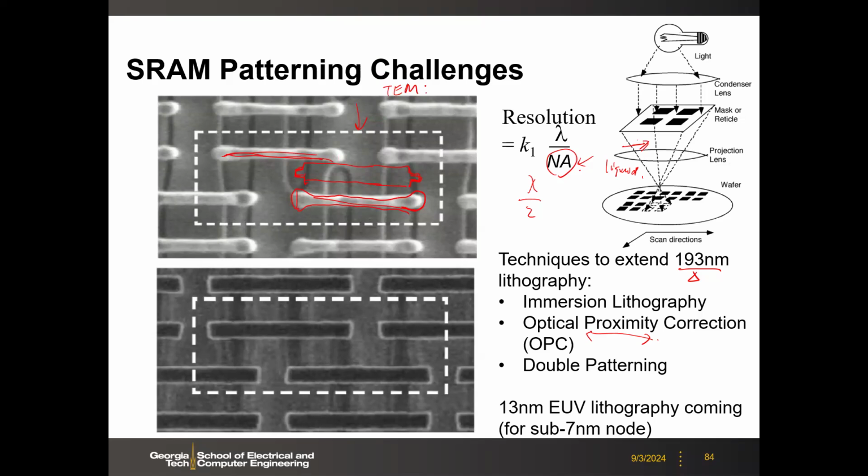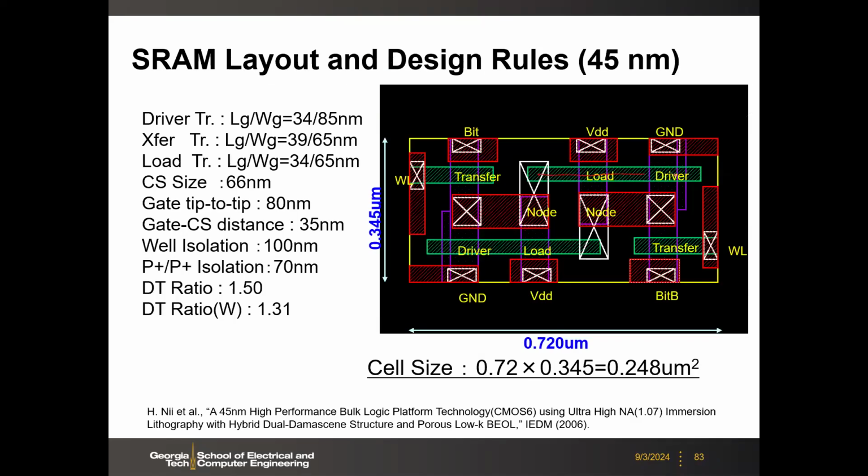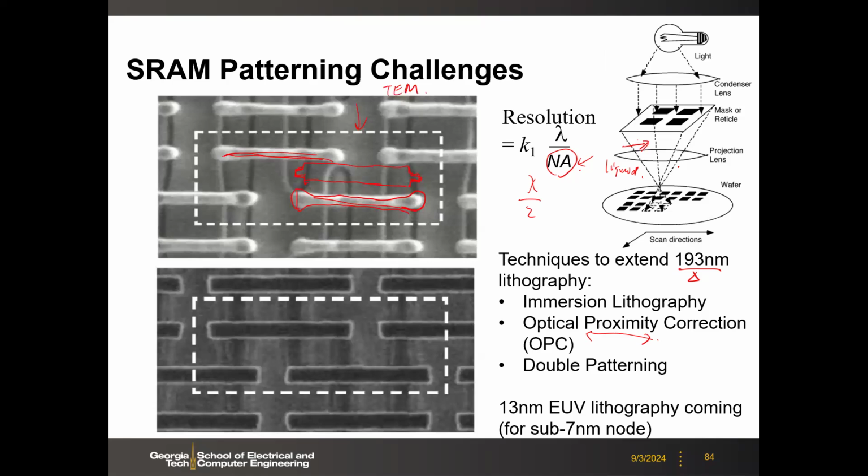This is the gate pattern. So anyway, this is OPC. And if you do that, then it will help. And also double patterning or multiple patterning is introduced. So I will talk about that in the next slide. But if you do that, then you can get a very good pattern like this.